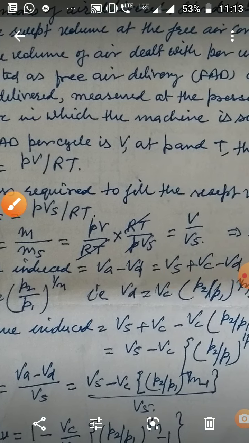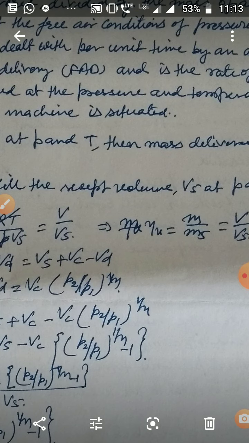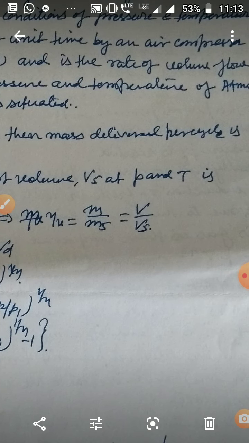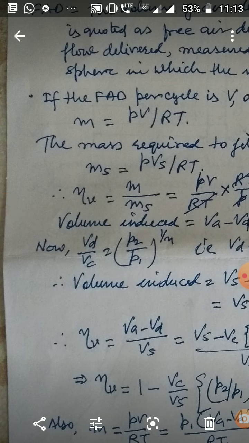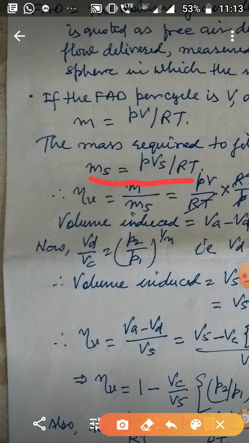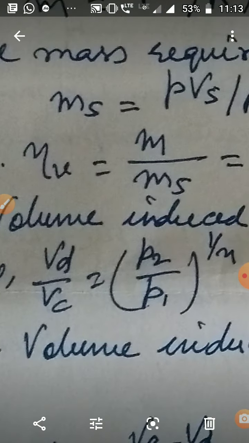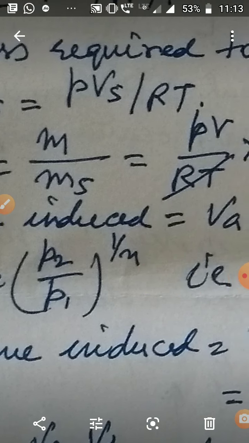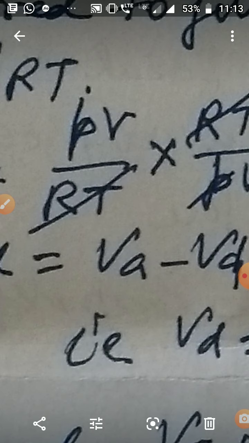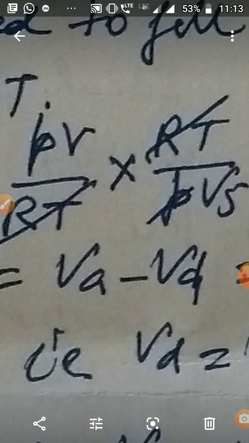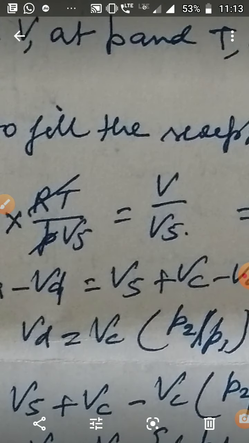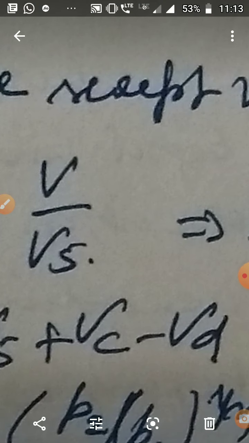The mass required to fill the swept volume Vs at pressure P and temperature T is written as Ms equal to PVs by RT, again from the ideal gas equation. Now from the definition of the volumetric efficiency, eta V is the ratio of m by Ms, which is equal to PV by RT into RT by PVs. So this term will be cancelled out. Then it is the ratio of V by Vs.